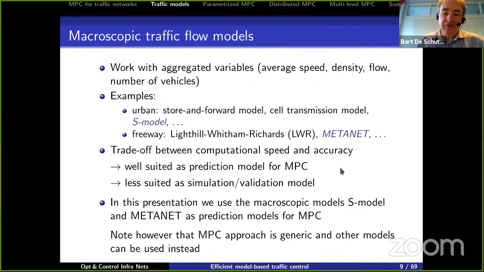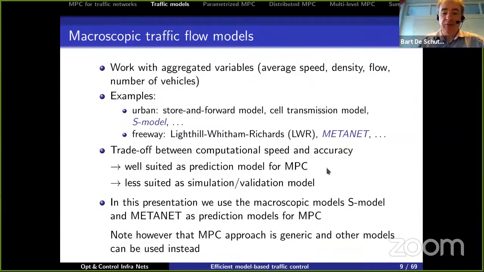In general, we have a trade-off between computation speed and accuracy. Typically, the macroscopic models will be less accurate because they work with aggregated variables. But because you don't model every individual vehicle anymore, they will also typically be much faster to run than a microscopic model.